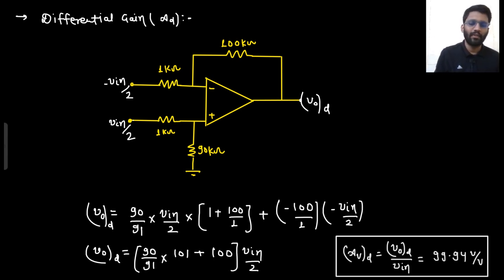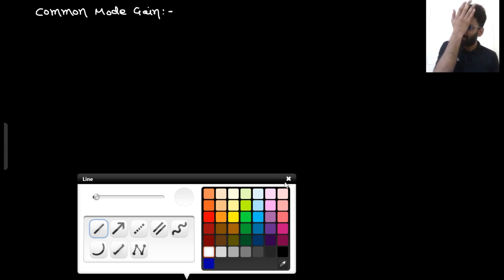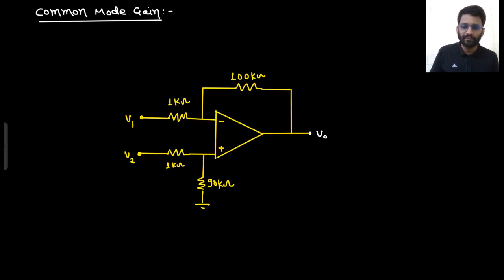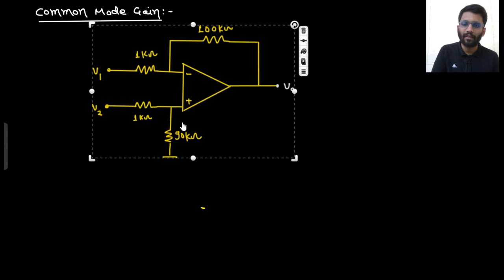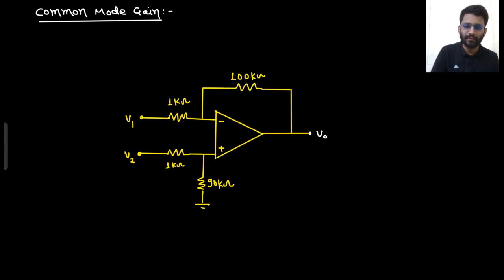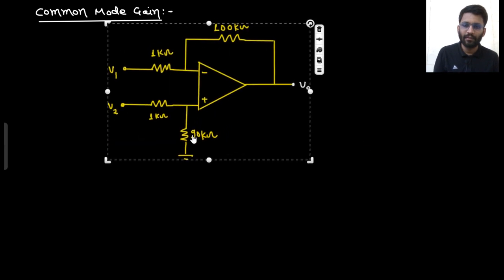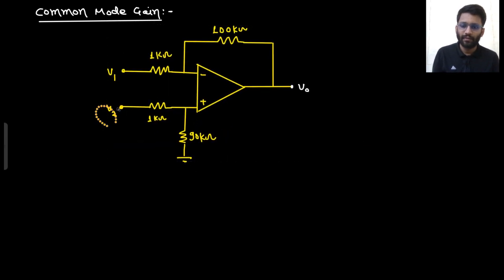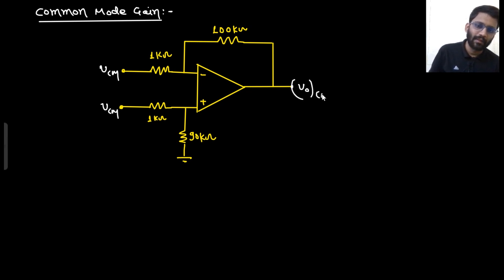Now we are going to calculate the common mode gain. So let's calculate common mode gain now. VCM and VCM. This is the common mode output.